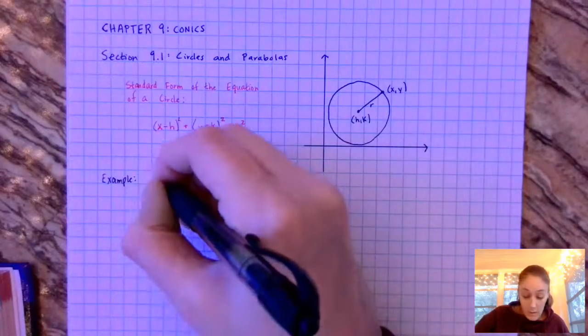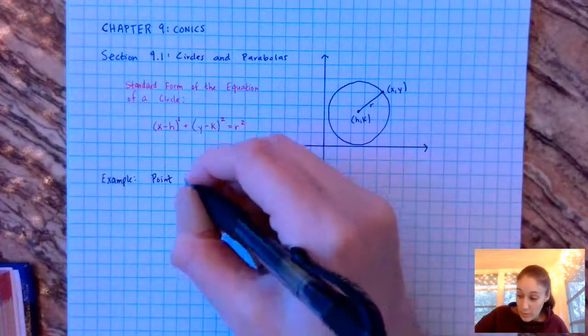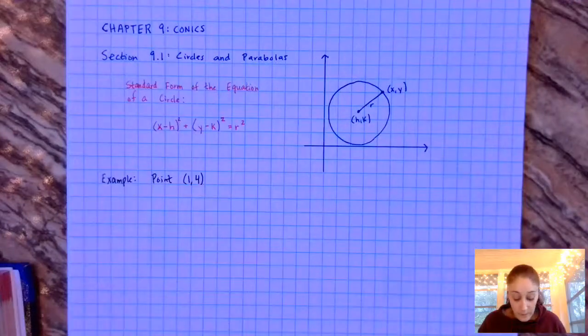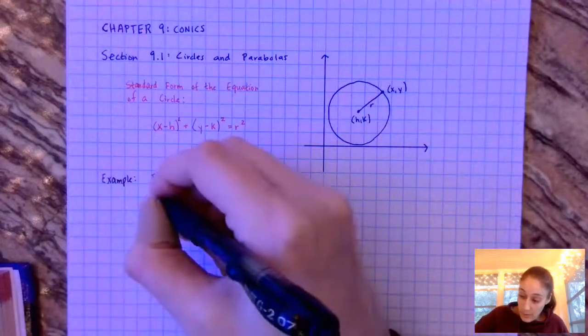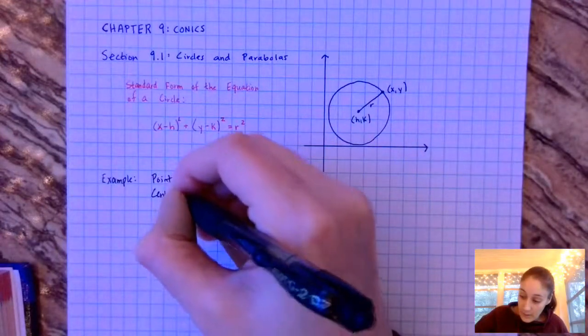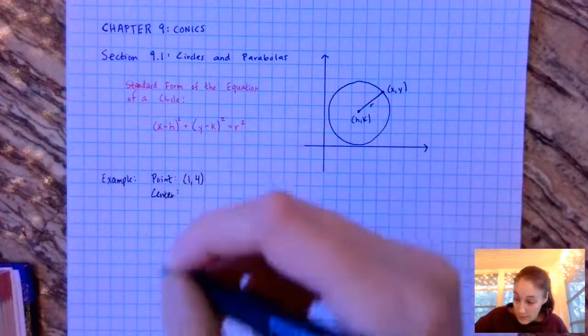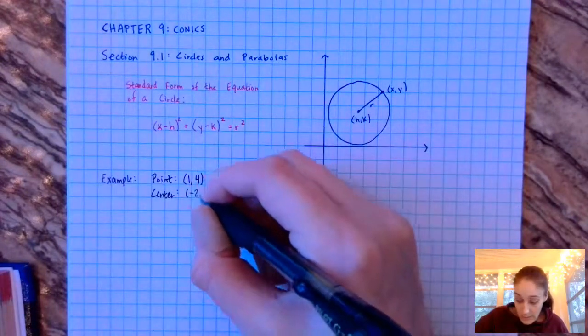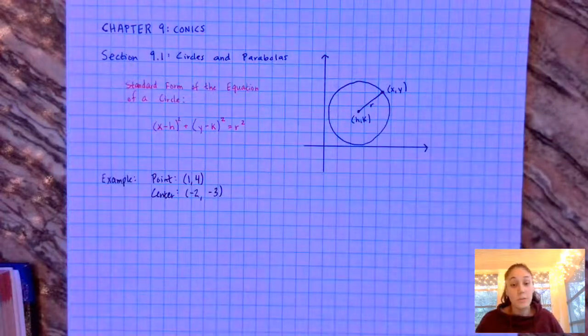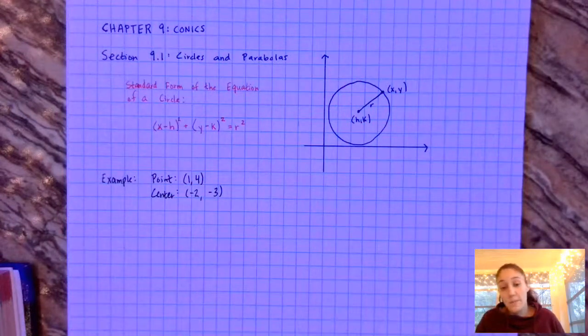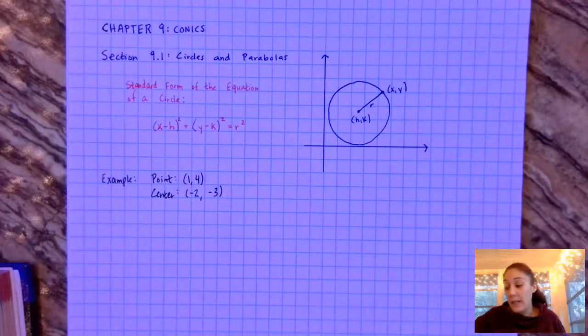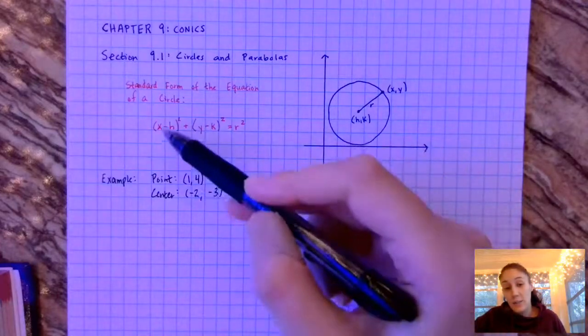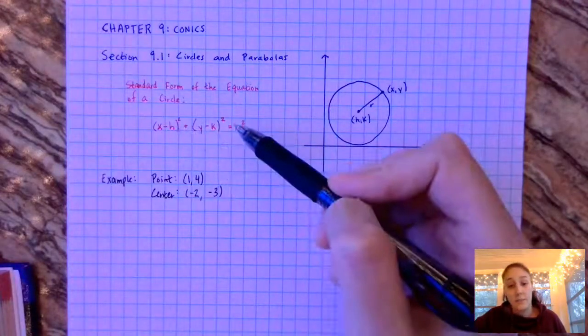We have a point on the circle, which is (1, 4), and we're also given a center, which is (-2, -3). Only with this information, we want to find the entire equation of the circle in standard form.